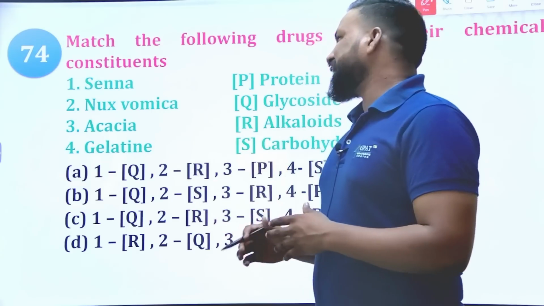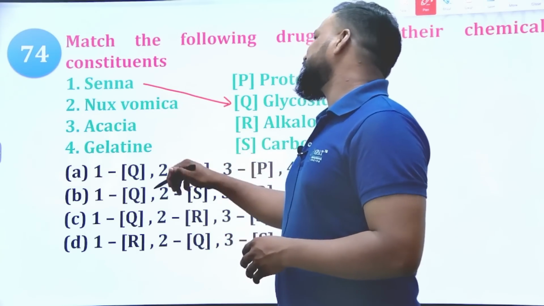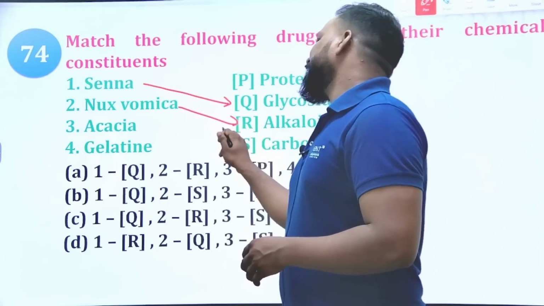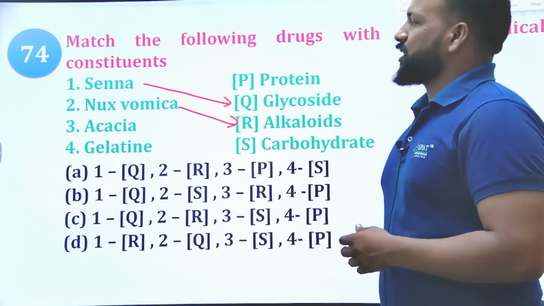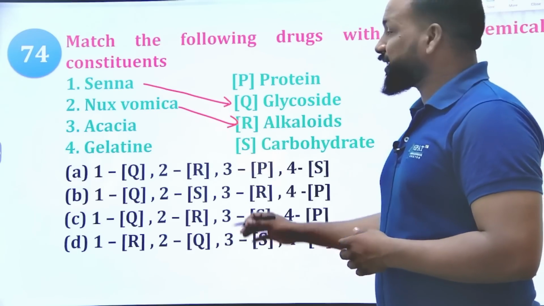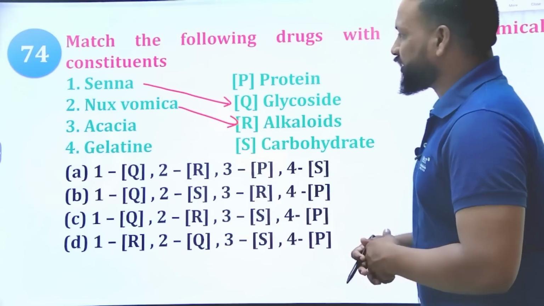Senna is a glycoside, and nux vomica, which contains strychnine, is an alkaloid. And acacia is a protein, or this one? If you know two answers, let us cross-check the options.